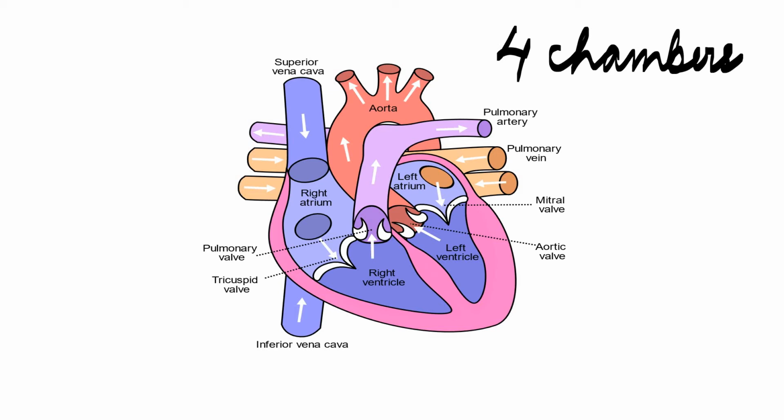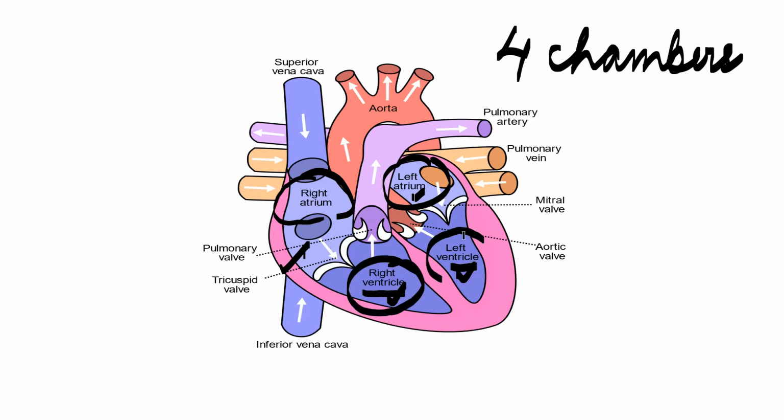The upper two chambers are known as the atria, or atrium, and the bottom two chambers are known as ventricles. This is the right atrium and this is the left atrium. This is the right ventricle and this is the left ventricle.